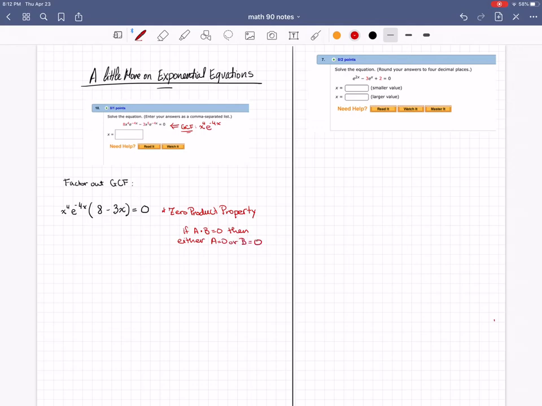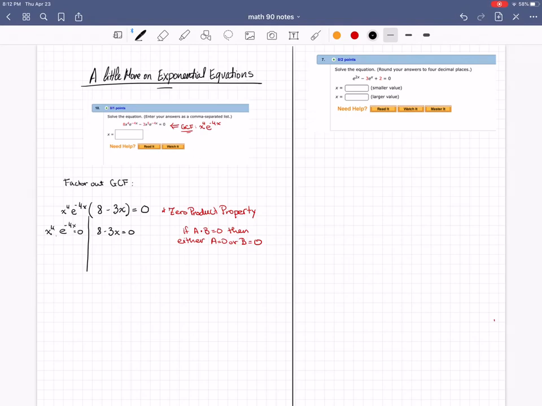Okay? So looking here, we can break it down into two pieces. We can say, well, if these two things multiply to be 0, then either 8 minus 3x is 0, or x to the fourth e to the power negative 4x is 0.